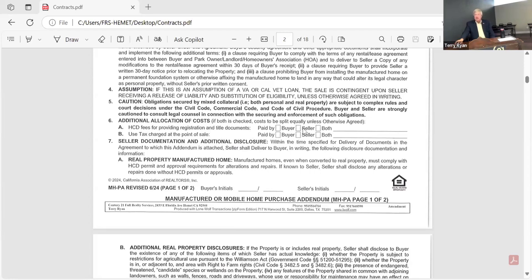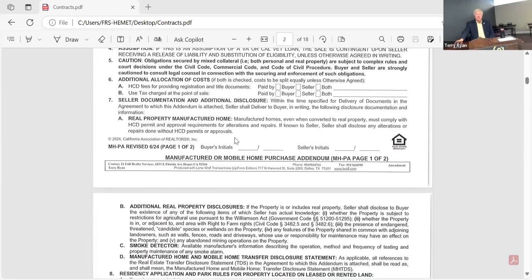It could be buyer or seller or both. But the use tax is a little bit different because it has to do with the manufactured home that has space rent. So it's almost like a sales tax when you buy that. It's like buying a car, kind of. If sales tax in your area is 8%, then you are likely to have to pay a similar amount on that mobile home.